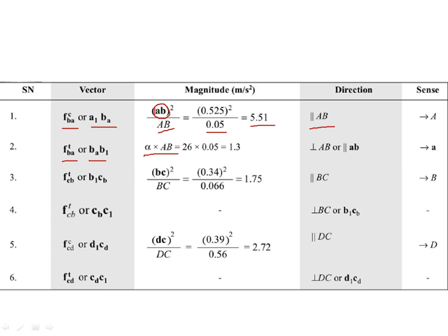This we derived yesterday: the tangential part is angular acceleration into the length of the link. Alpha is already given in the question. So it is 26 radians per second square multiplied by the length of AB. So 26 into 0.05, you get 1.3.